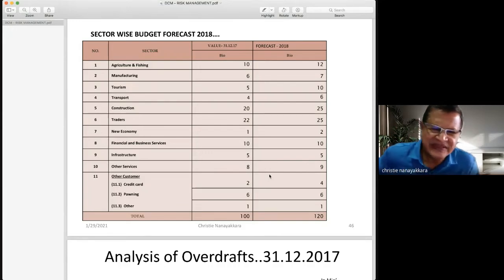Now, these are the sectors the central bank has given us. Because Sri Lanka is a kind of agricultural economy, they want banks to support this particular industry, and they say at least 10% of overall total lending should be diverted towards agriculture and fishing, to make sure that the livelihood of farmers and fishermen is funded by banks.